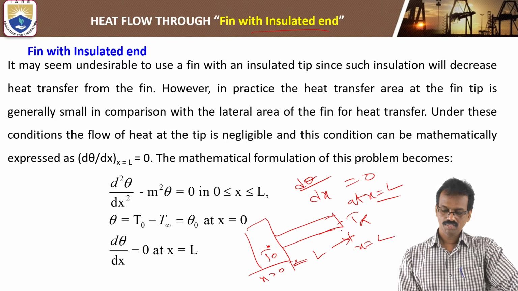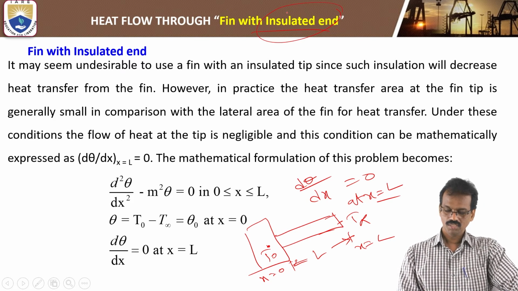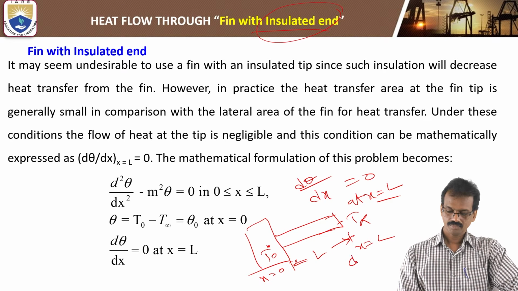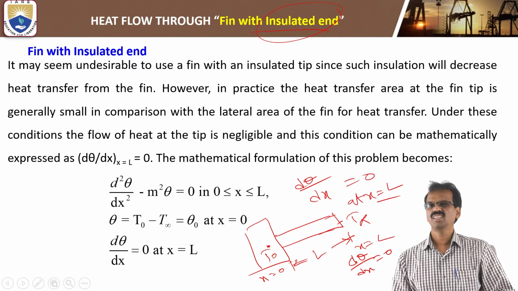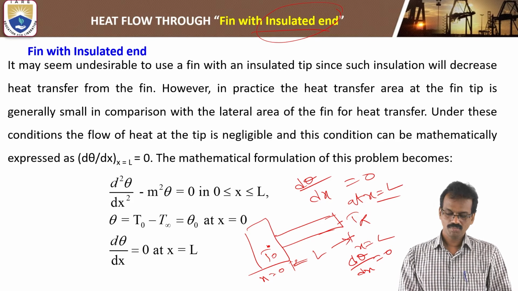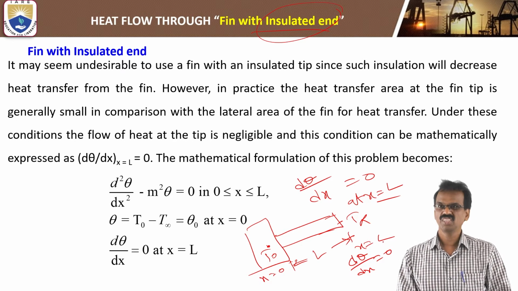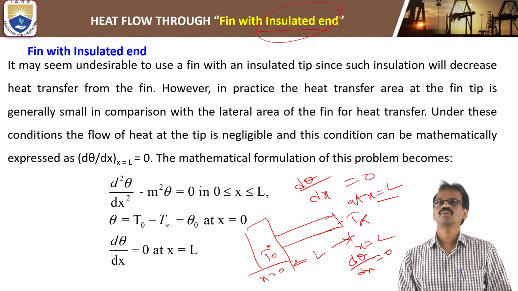So the boundary condition on the insulated end means d theta by dx is equal to 0. So how to apply this condition here? First boundary condition: at x is equal to 0, T is equal to T naught. Second boundary condition: at x is equal to L, d theta by dx is equal to 0. We have to apply this one.